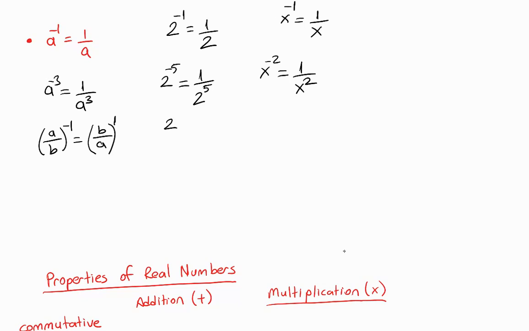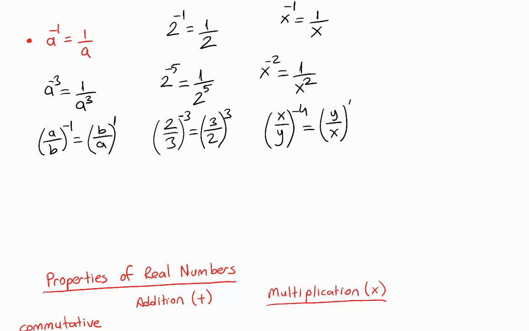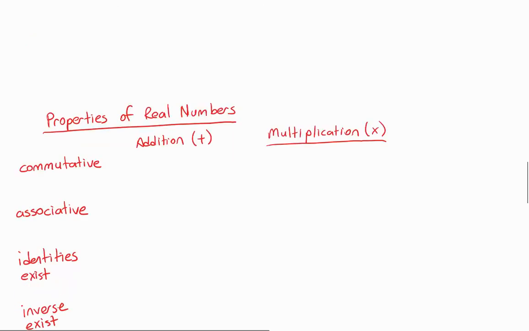For example, 2 over 3 with a negative 3 power becomes 3 over 2 to the 3. Only switching the numerator and denominator and making the power positive. Let's say we have an x and y example: x over y to the negative 4 is equal to y over x to the 4. Yeah, hopefully it's enough examples.